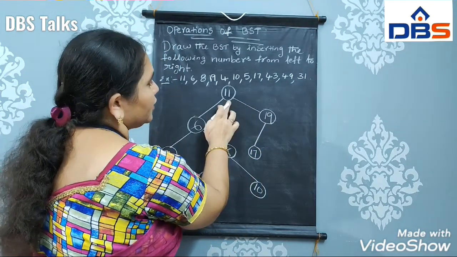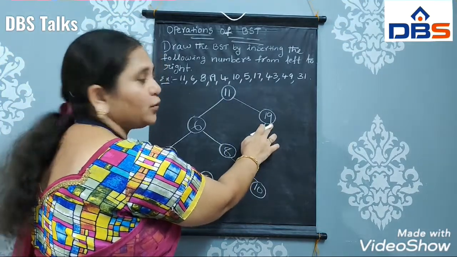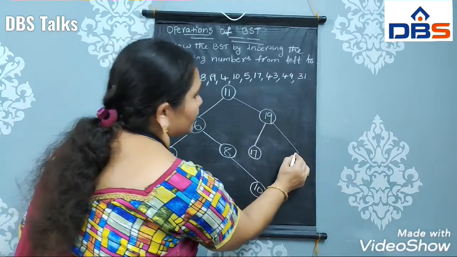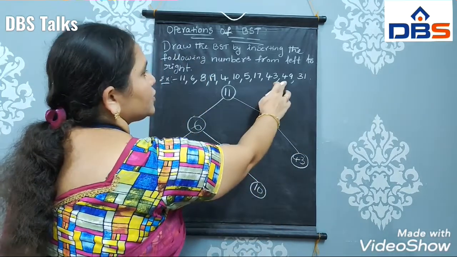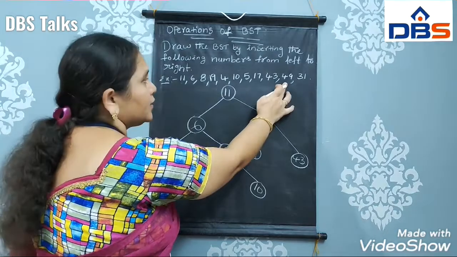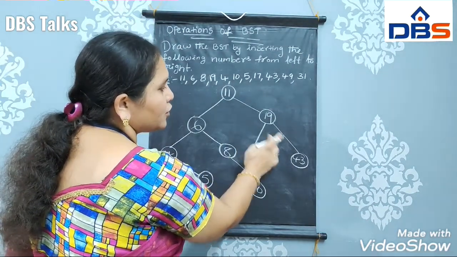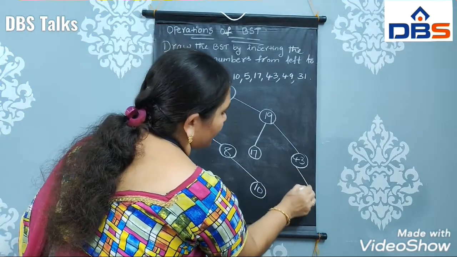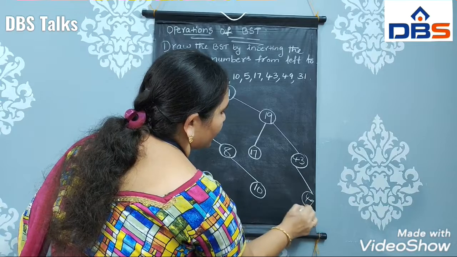The 43 is greater than 11 and greater than 19, so we insert the node at the right hand side of this node, that is 43. Next, the number is 49. This is greater than this number, this number and also this number, so we insert the node at the right hand side of this node.